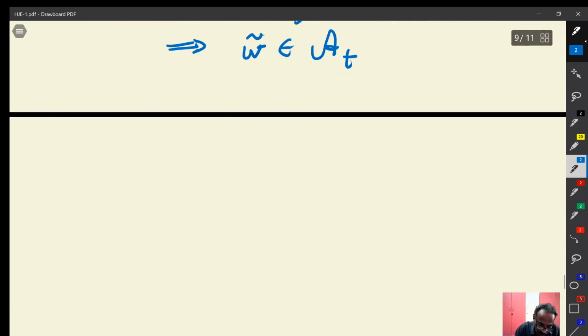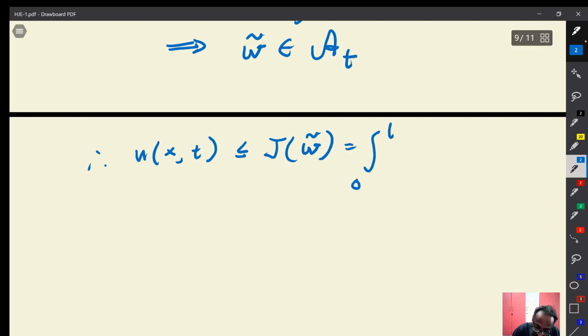Okay, therefore u(x,t) has to be less than or equal to J of this W tilde, because u(x,t) is the minimum among all the trajectories. That is the integral from 0 to t of L of W prime of s ds plus g of y.